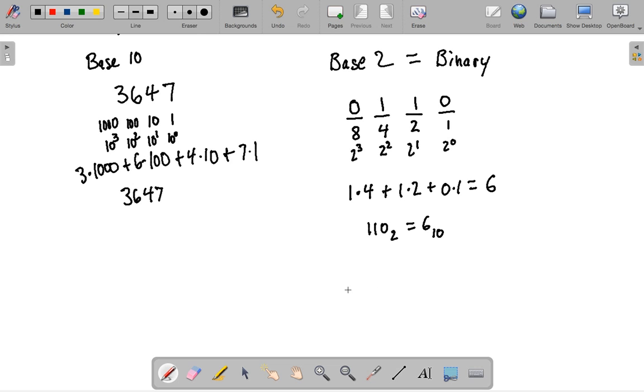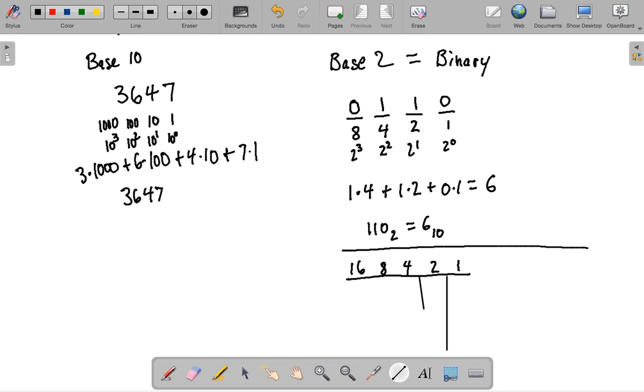Let's look at some other examples. I'm going to do this so we can remember the 1's place, the 2's place, the 4's place, the 8's place. The next one would be the 16's place. Some examples here. So 1, 0, 1.